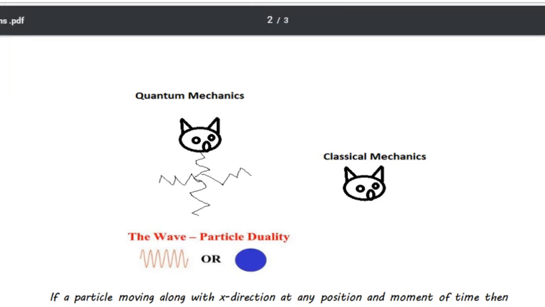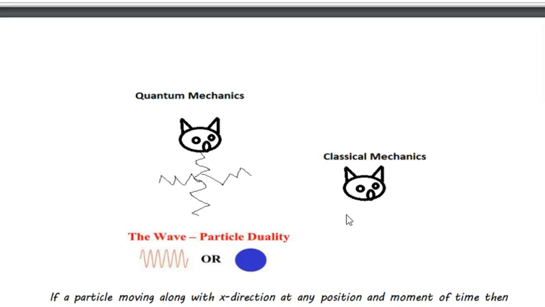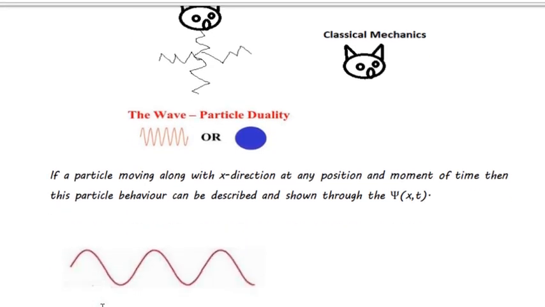While in classical mechanics it's only the head of the cat, the material bulk and the particle itself. So if a particle is moving along some suggested direction, maybe x or y or z, it would be only one direction movement. At any position and time, this particle's behavior can be described and shown through psi, which is a function of two variables, x and t.